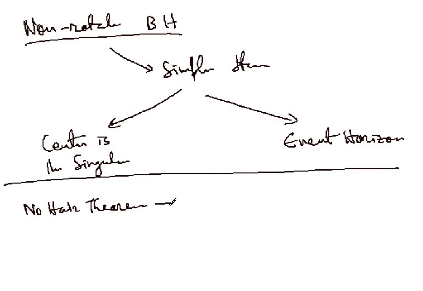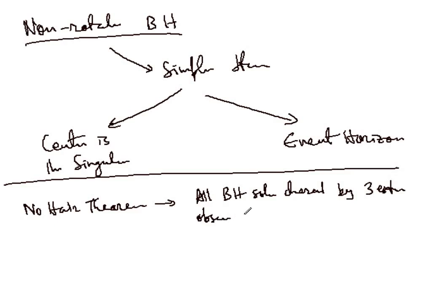Basically this theorem tells us that all black hole solutions of Einstein's equations of gravitation and electromagnetism in general relativity can be completely characterized by only three externally observable classical parameters.